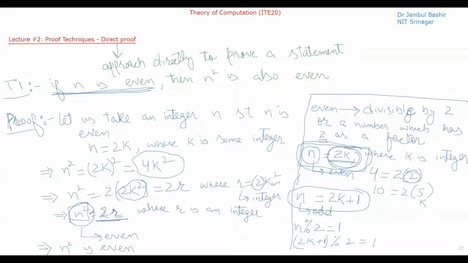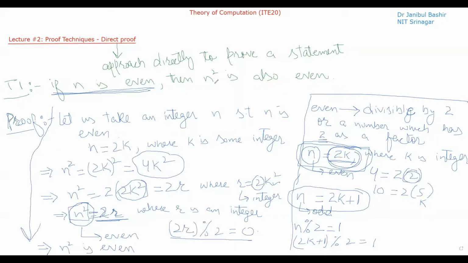Because n square is equal to twice r, and if we mod twice r by 2, the remainder will be 0. So that means this particular number is even. We had to prove that n square is even, and here we have proved n square is even. So this is how we have directly approached proving this statement.